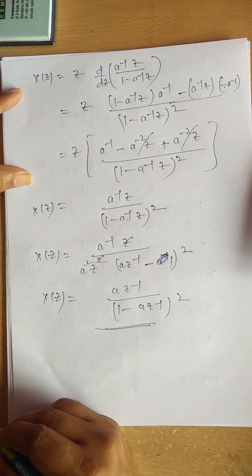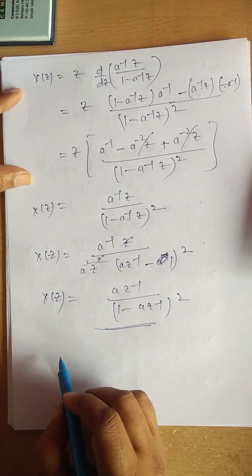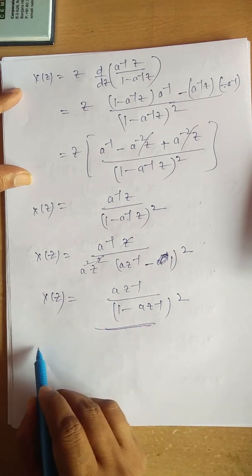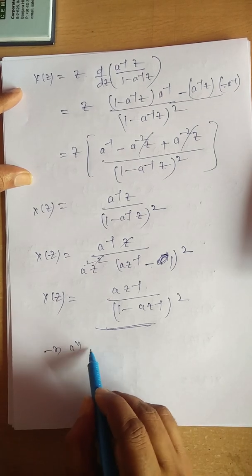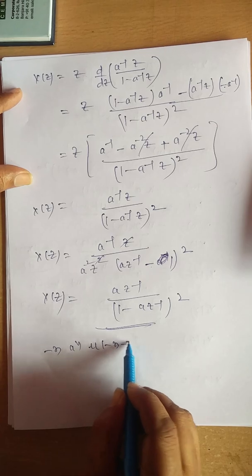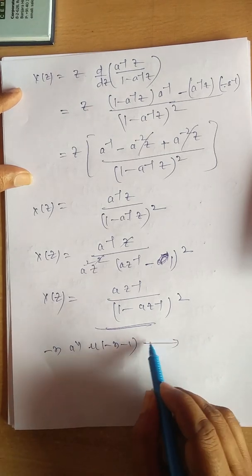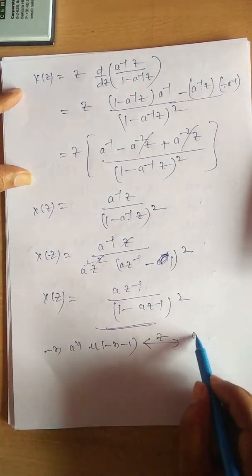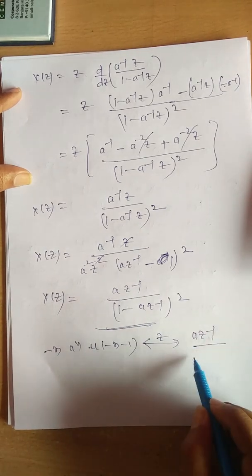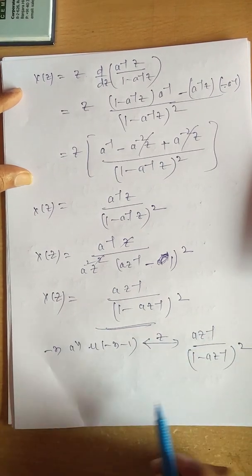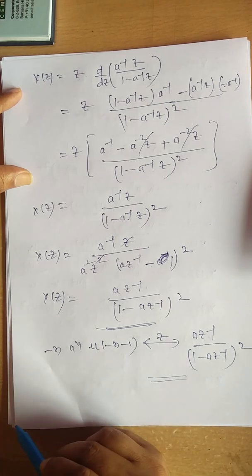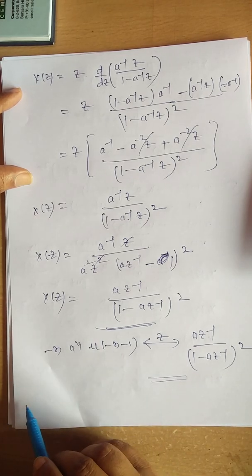Now from this problem we can draw the conclusion that if the input is minus n into a to the power of n into u of minus n minus 1, then its z transformation is a z inverse divided by 1 minus a z inverse whole square. This is very useful when you are solving inverse Z transformation problems.